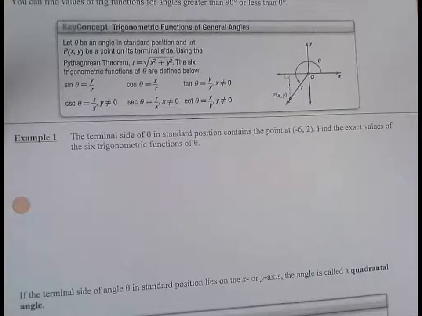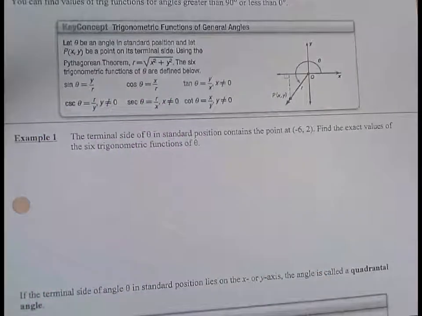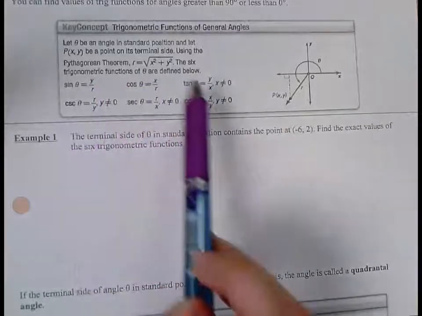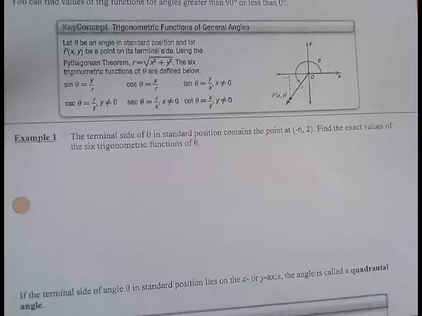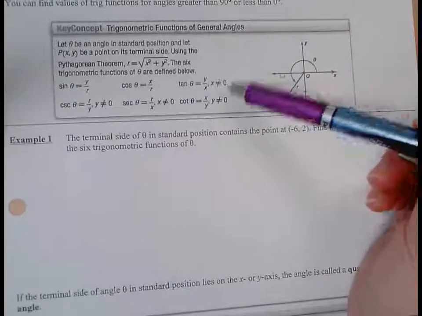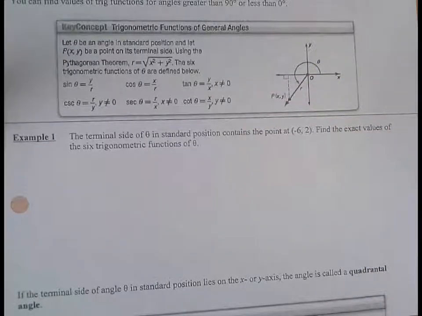For something like example 2, you'll see how that's different from example 1. We will refer back to these. In general, for this class, this year, if you need these on the quiz for something like example 2, I would give them to you. I'm not having you memorize these this year. You may need these in trig next year, in which case you may be required to memorize them next year when you are actually in trig, if you are taking trig.